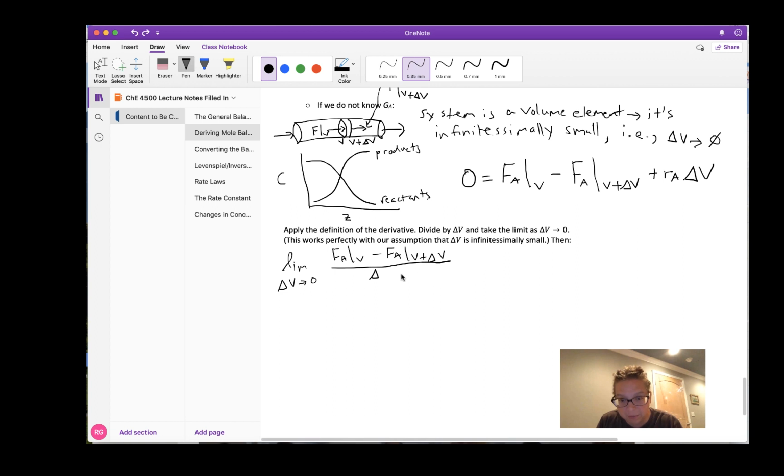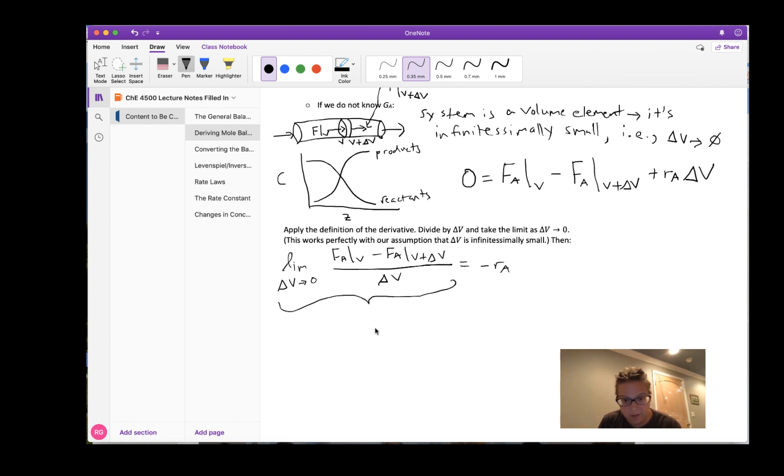Yeah, that kind of looks sloppy, so let's just redo it. This right here is the definition of the derivative.